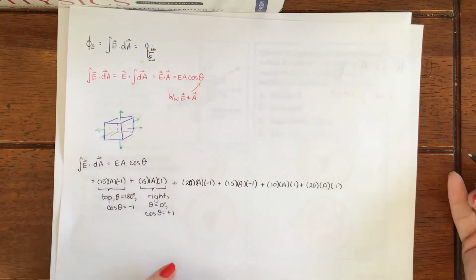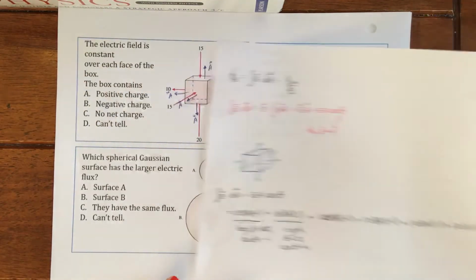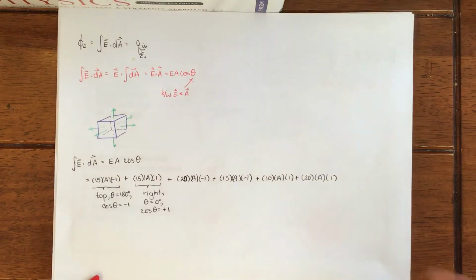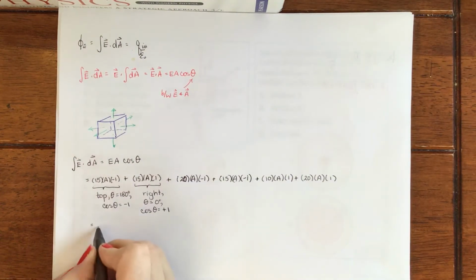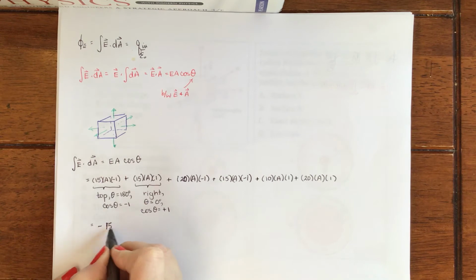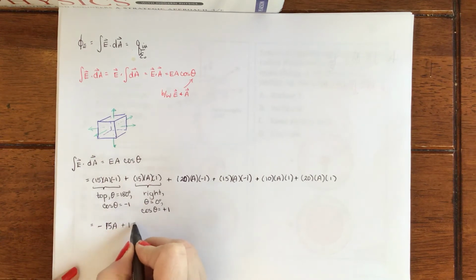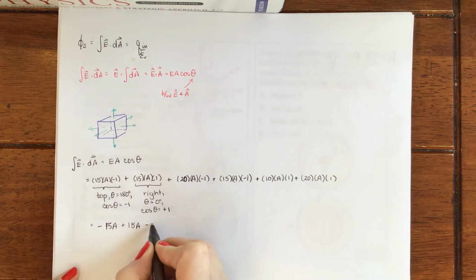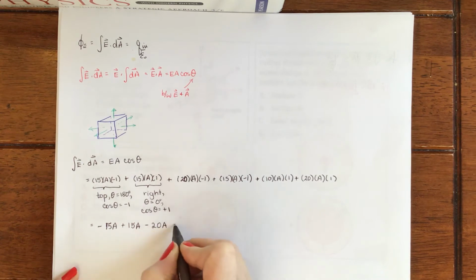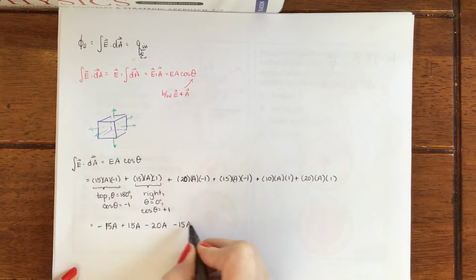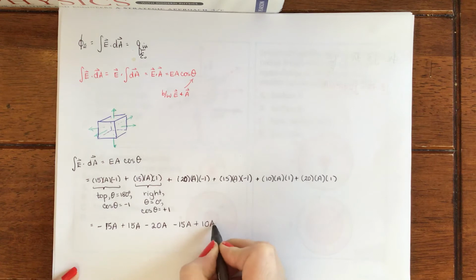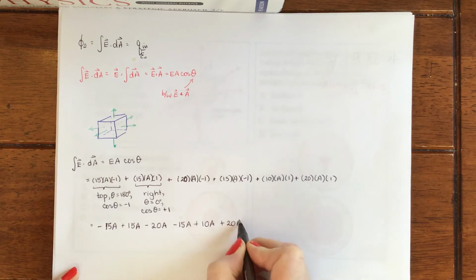So let's look at what we have here. This is minus 15 times A, plus 15 times A, minus 20 times A, minus 15 times A, plus 10 times A, plus 20 times A. Some pretty simple algebra here.